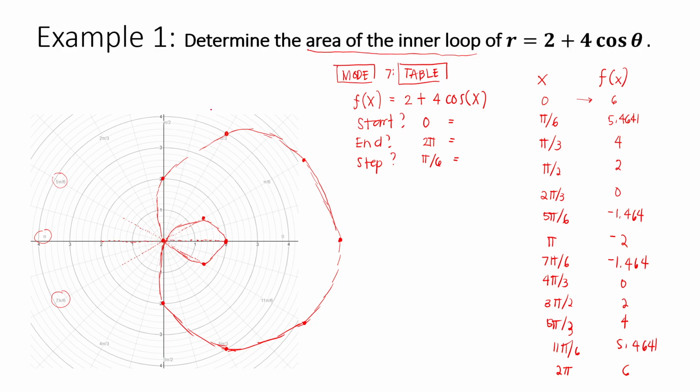That's how you get your graph. So the area of the inner loop, this is the area that the problem is talking about. It's the inner loop. Okay?